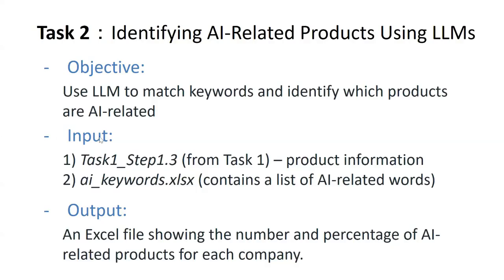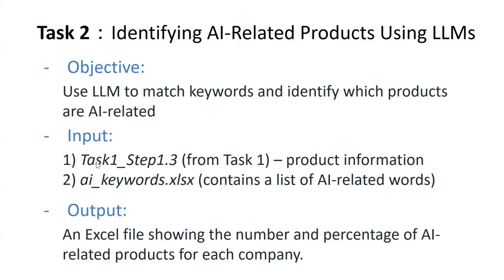Remember, in step 1 you got all the products from each company, right? Now I want you to identify which products are AI products and which are non-AI products. So what's the input?